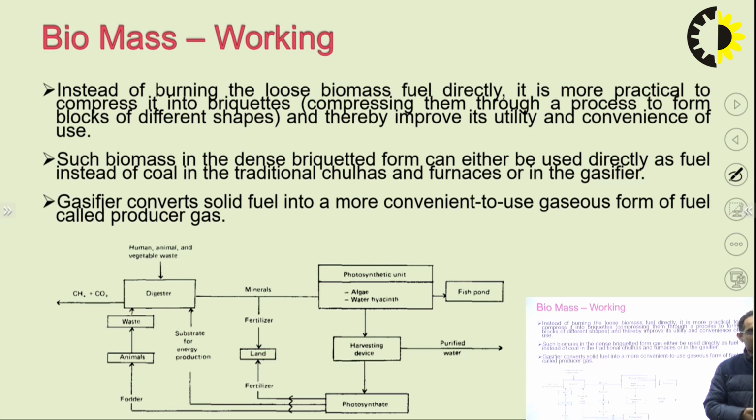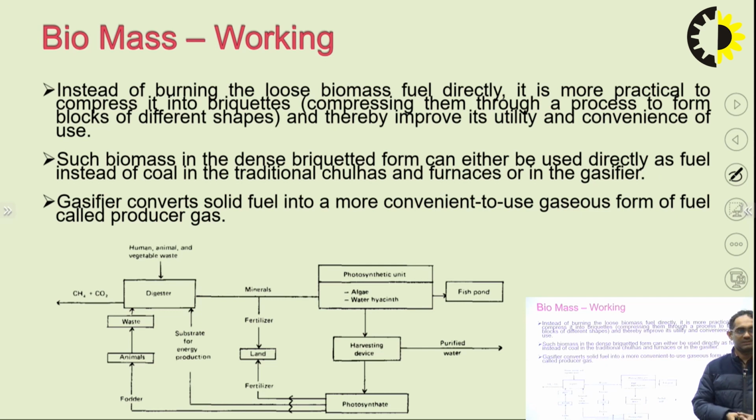Okay, so this is the biomass working, and such biomass in the dense briquette form can either be used directly as a fuel instead of coal in the traditional chullas and furnaces or in the gasifiers. And a gasifier converts solid fuel into a more convenient to use gaseous form of fuel called the producer gas.